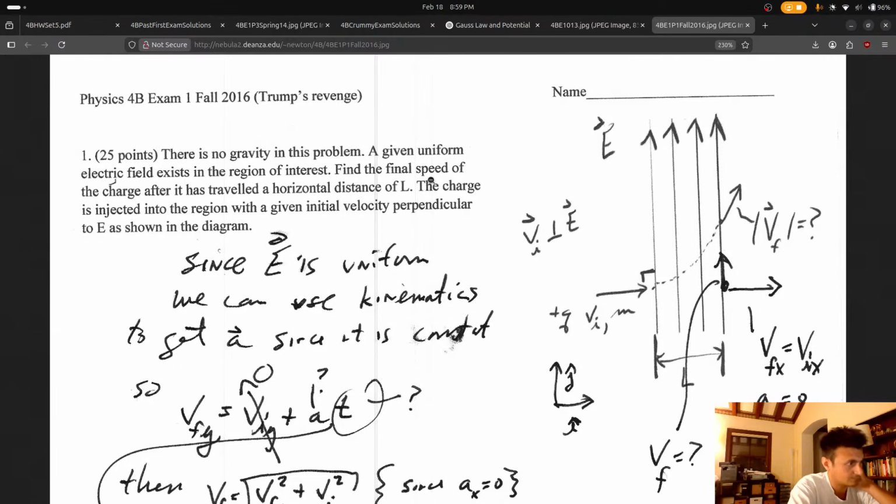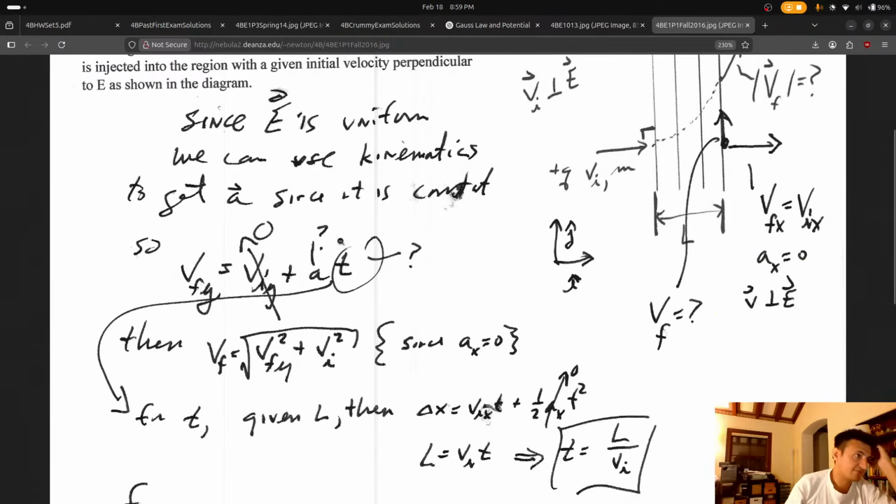Okay, so V_fy. All right, so we found this. A is just equal to QE over M. So V_fy is equal to AT, which is QE L over M V_i.